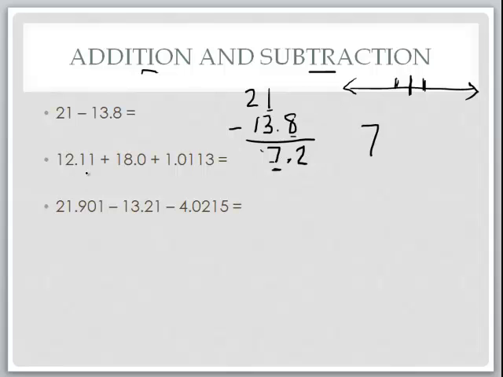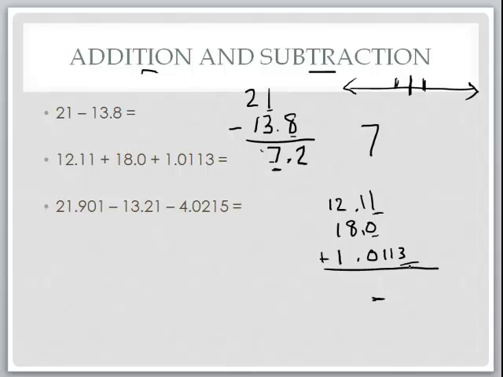Alright, let's look at our next problem here. We have 12.11, 18.0, and 1.0113. And this is an addition problem. So we have the hundredths place, the tenths place, and the 10,000ths place. Well, the tenths place is the least precise placement, so our answer is going to be rounded to the tenths place.